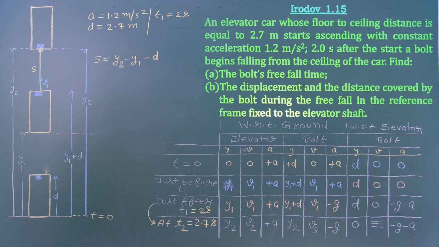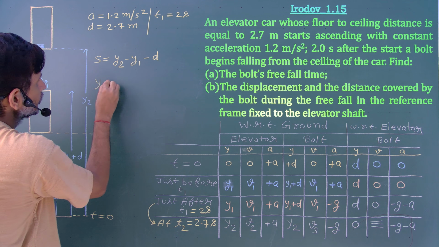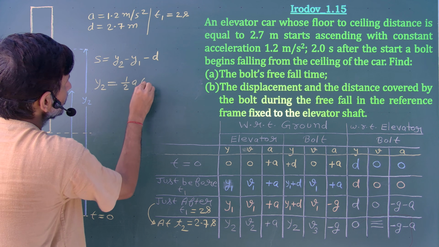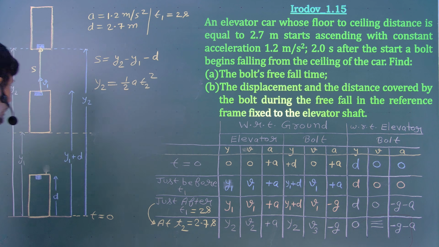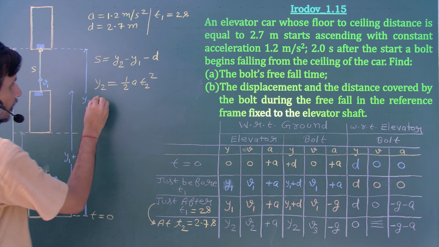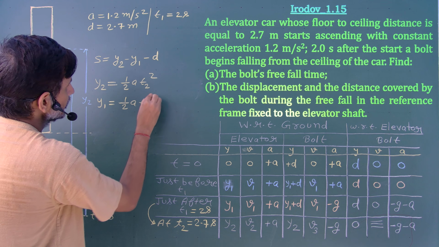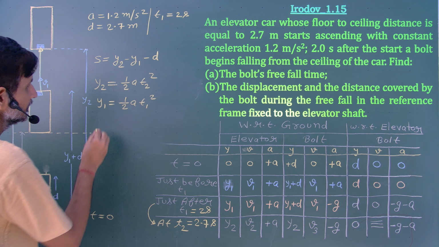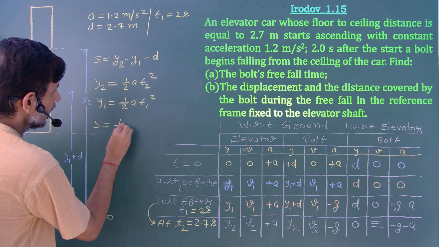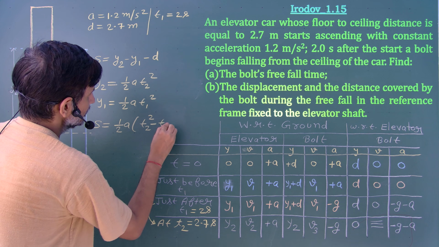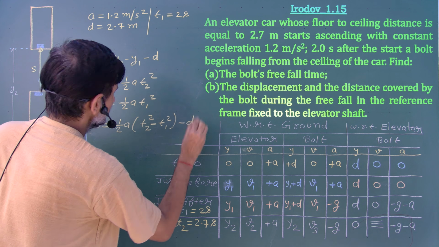What is the value of y2? We can calculate y2 of the elevator for time 2.7 seconds. So y2 equal to ut plus half a t square, u is 0, so half a t2 square. What is y1? y1 equal to half a t1 square. So displacement S equal to half a into (t2 square minus t1 square) minus d.